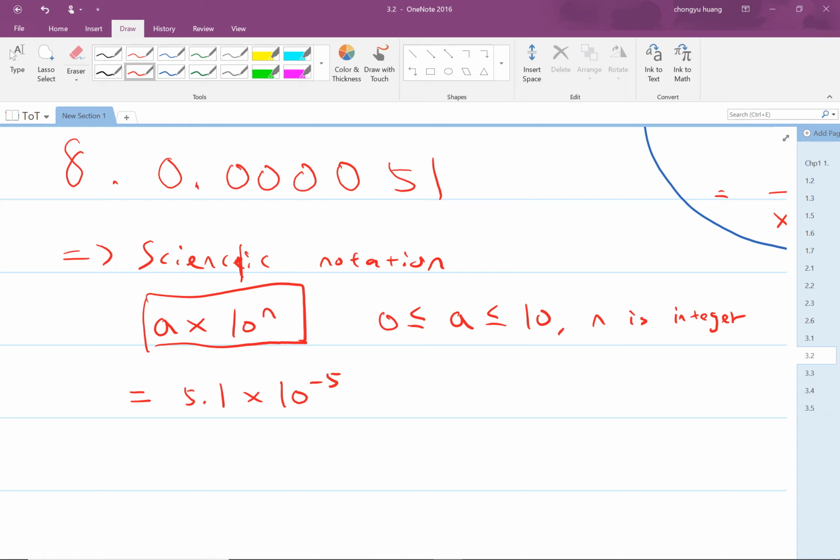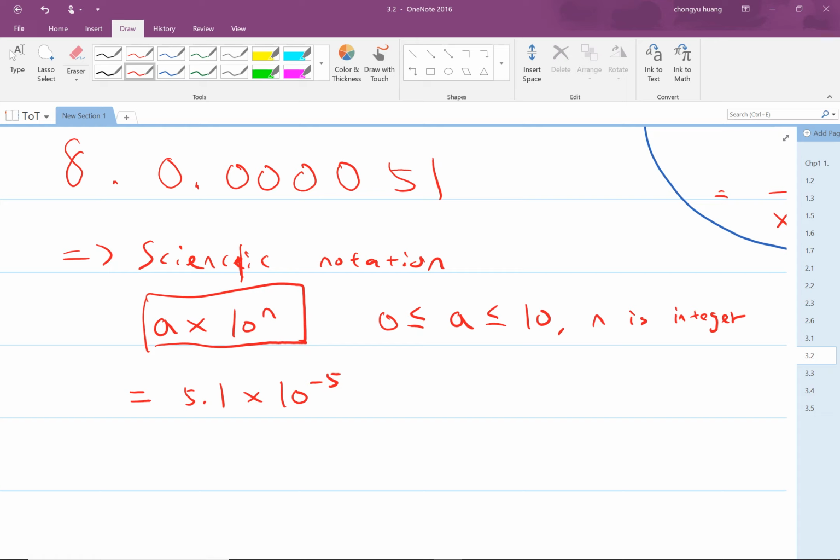So you may also ask me why not 0.51. Why don't we put 0.51, right? You may say 0.51 is also between 0 and 10, right? But instead of putting 0.51, it will be much better to put in 5.1, right?